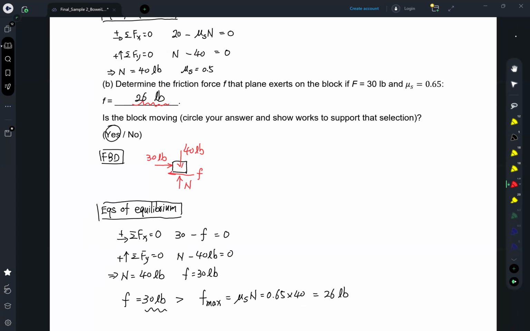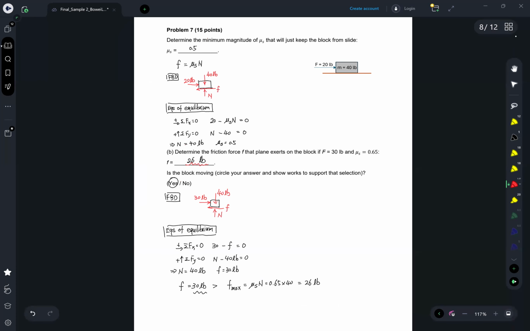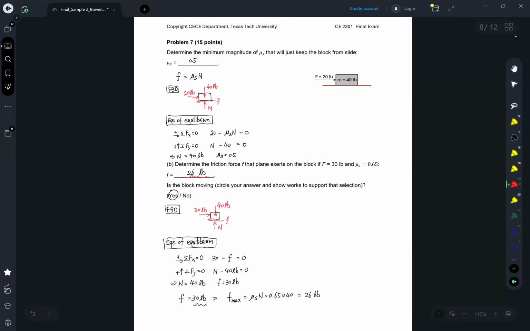Now it is actually the last problem here. The last problem is about friction, problem 7. The first part asks us to determine the minimum constant of static friction that the surface should have to keep the block there.